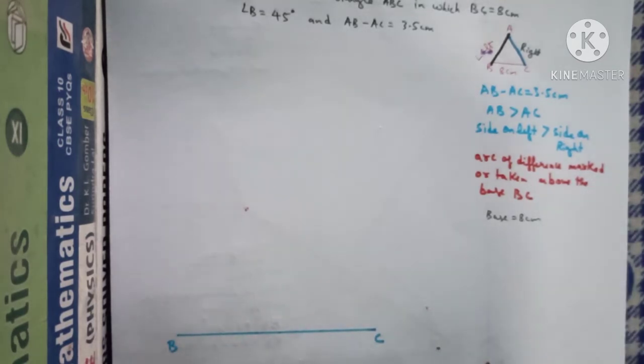Okay, now next step is that we have to draw an angle B, that is equal to 45 degree.